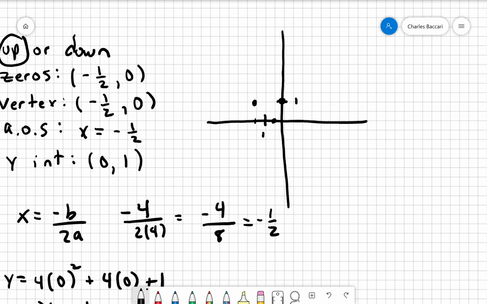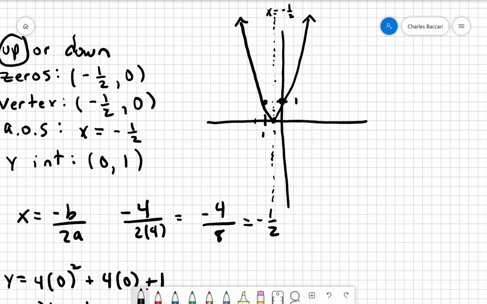Actually, no, I apologize. It's halfway. Okay, so since this is symmetric, we know it goes like this. Axis of symmetry is right here, is negative 1/2. So 1/2 away would be right there, and then we can kind of go like this.